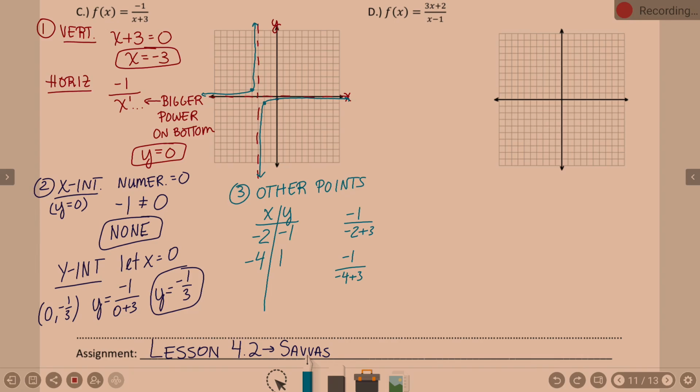You can plug in as many points as you want. Know that today, and what we're doing, these shapes are the two curves going outward diagonally. Otherwise, these graphs look really crazy if you don't know that. But you have to know that.